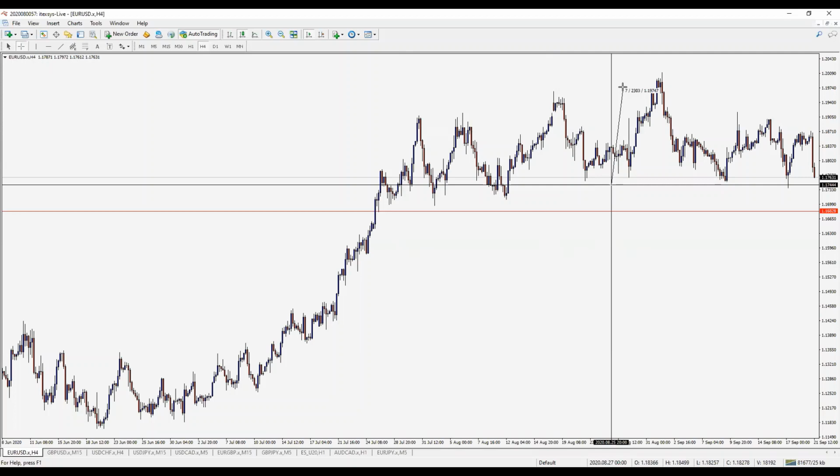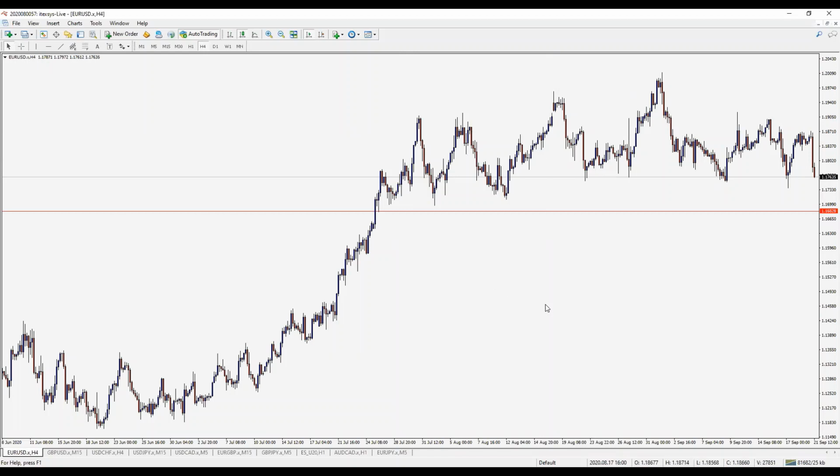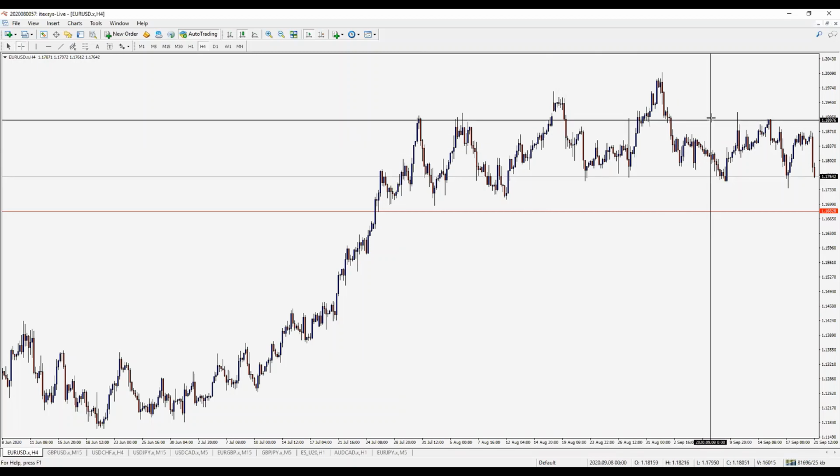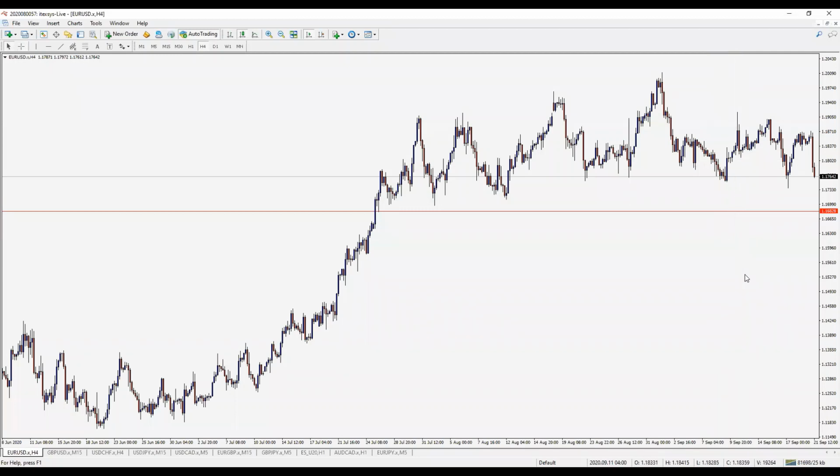It's more than 200 pips. So as an intraday trader, we can do a lot in this range. But from the swing or long-term traders' perspective, it seems like nothing happened during this time. The price didn't really have a significant uptrend or downtrend.